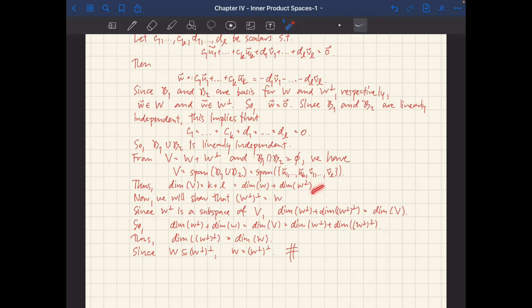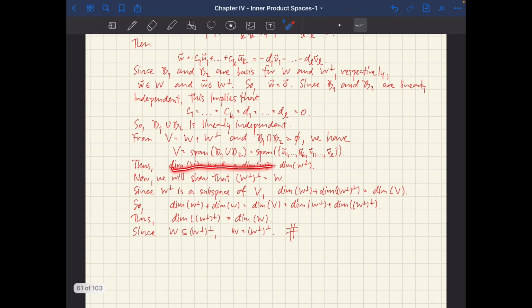So that's why we obtain this equation: the dimension of V is equal to the dimension of W plus the dimension of W perp. This is true for every subspace W of V. If we can show this equation, the rest is quite easy.